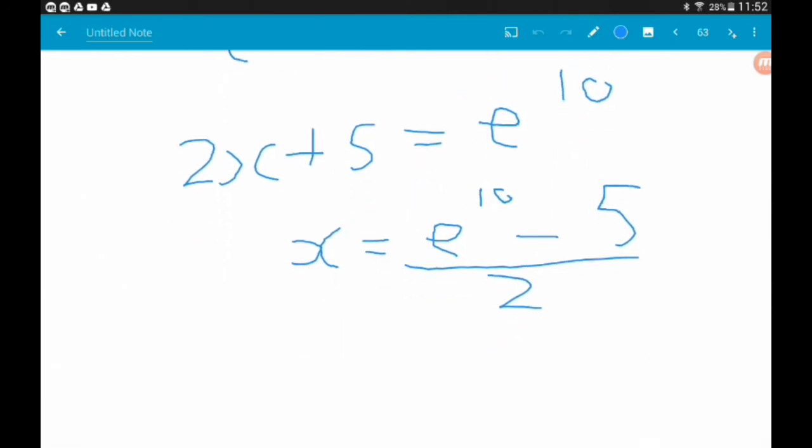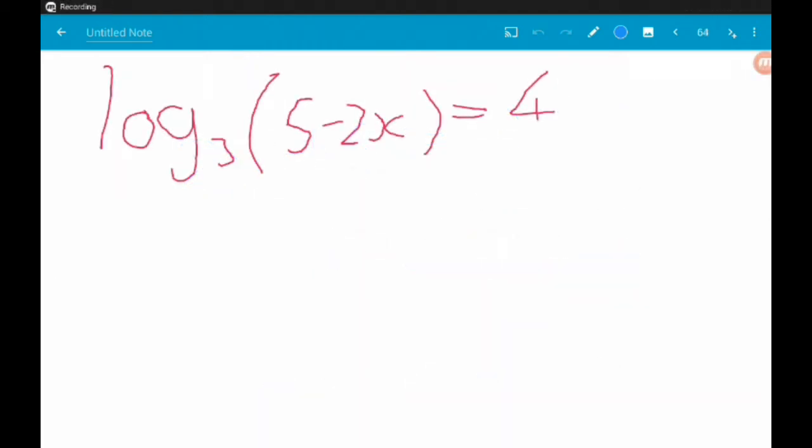So if we whack that in our calculators, then we get 11,010.7 to one decimal place. So sometimes you might be asked for exact form, which is up above, e to the 10 minus 5 over 2. Sometimes you'll be asked for decimal places or sig figs. So just be aware of what the question is asking.